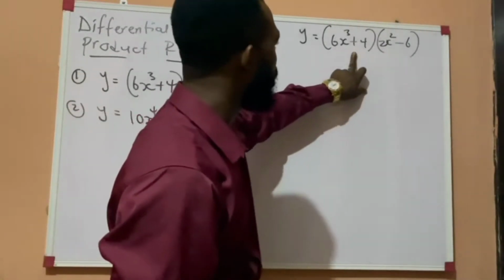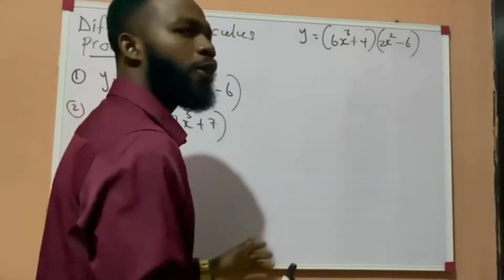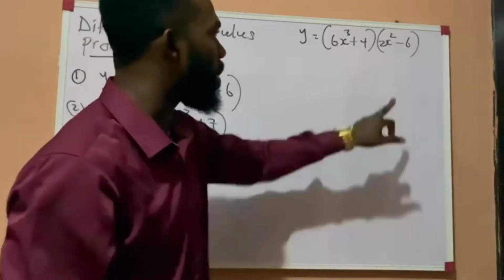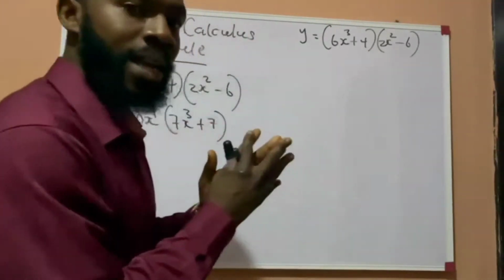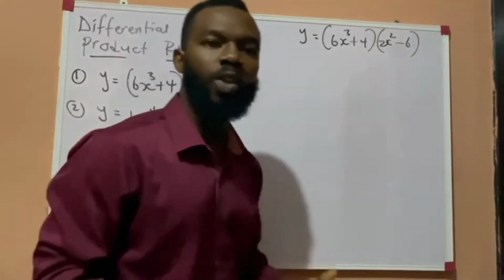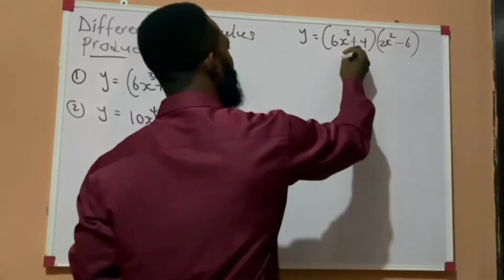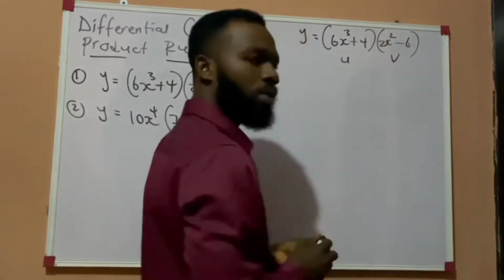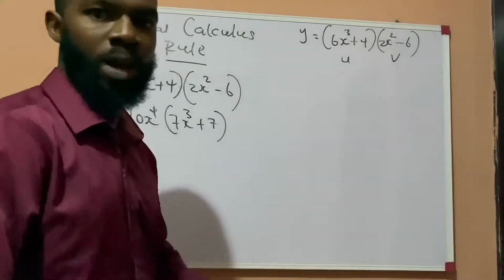This is the first function and this is the second function, and they are multiplying each other because you have a bracket here. Whenever you have two functions multiplying each other, you apply product rule. Now, the first function is u and the second function is v. After this, let us introduce the formula I gave you.